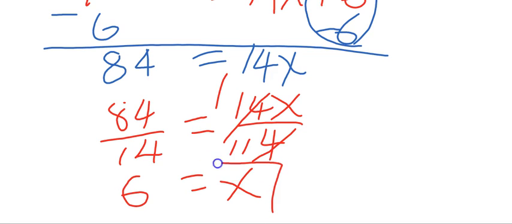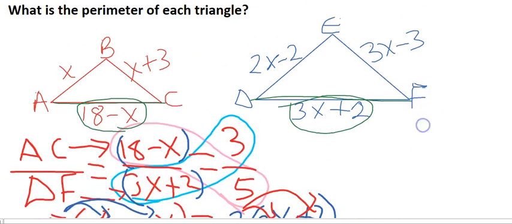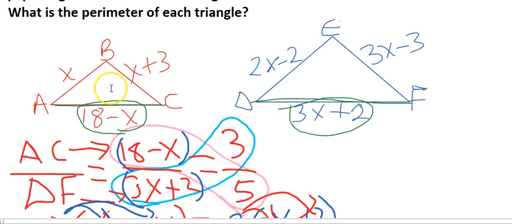Once we find x, that solves the puzzle. We can now replace x in each of the sides to find what each side is. So we're going to go back here. If we replace x here, which is 6, this side is going to be 6, because it's x. How about this side? x plus 3 is 6 plus 3, which is 9.